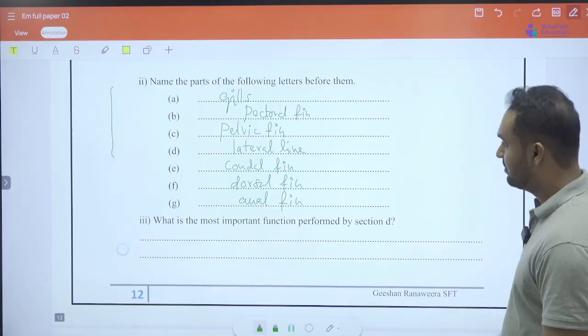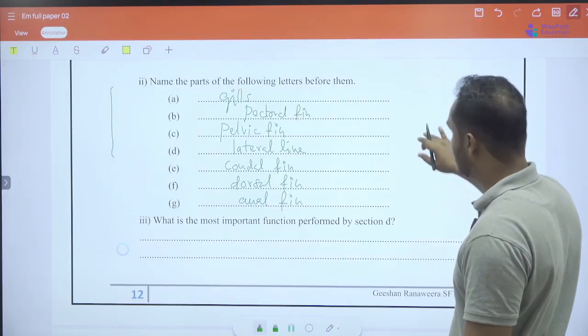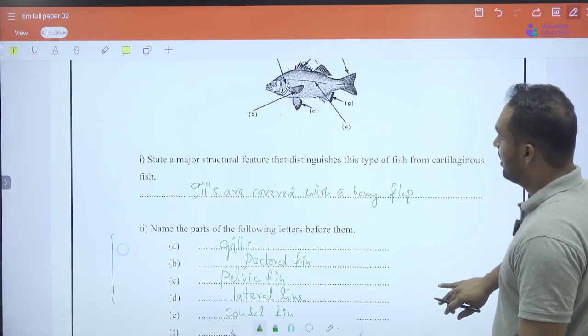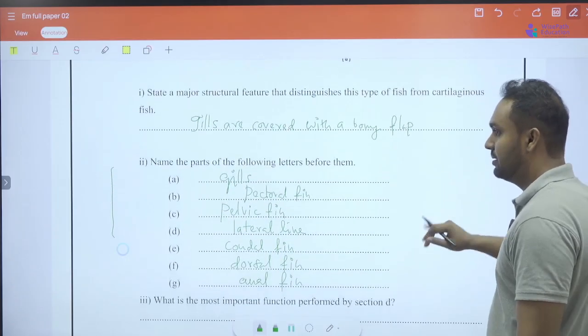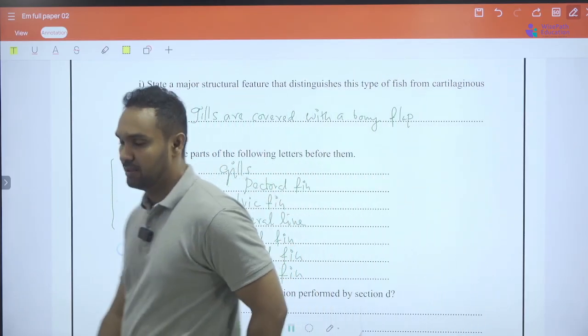So these parts you should know to label, right? The next question, what is the most important function performed by section D? Yeah, the lateral line. The lateral line is sensitive to pressure differences, right?